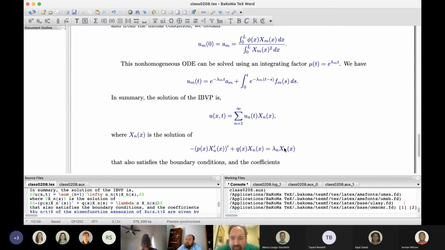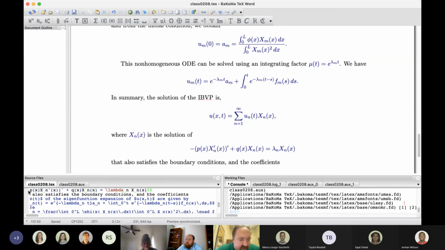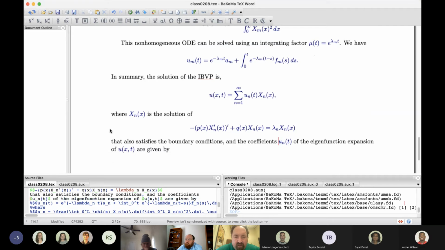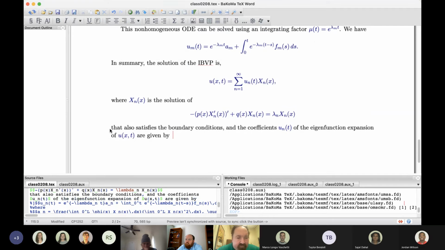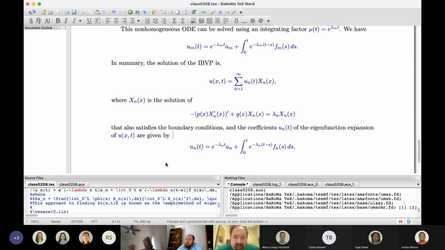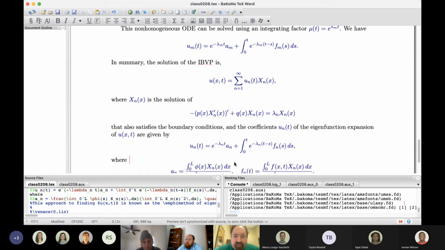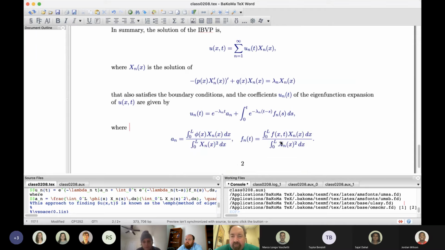It has to satisfy the original boundary conditions. And then, to get these coefficients, u_n of t, I use this solution formula. And for the missing pieces, a_n and f_n, they come from here.